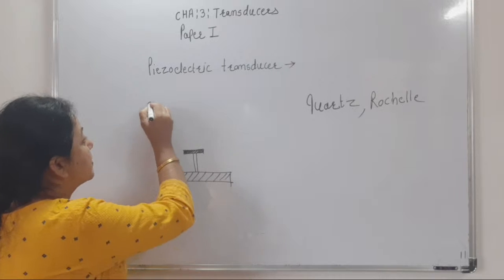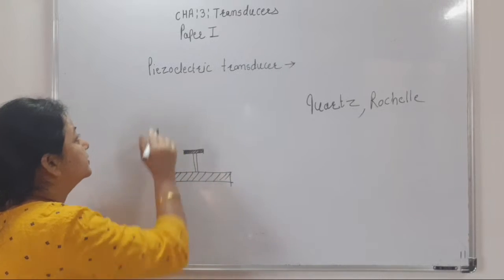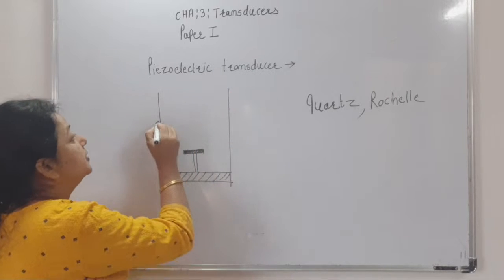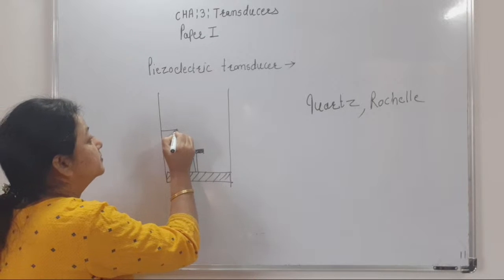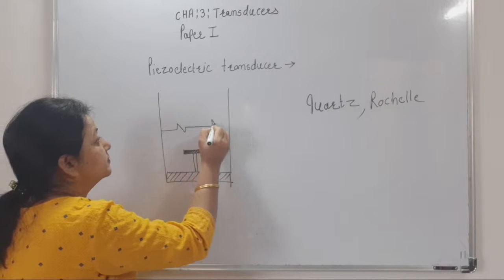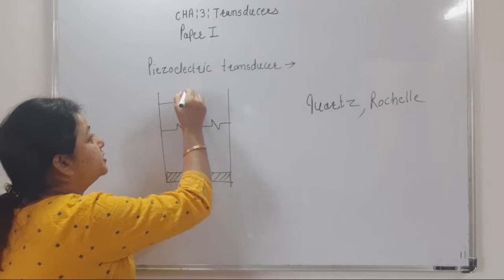Now through force summing membrane, pressure is applied through pressure port.